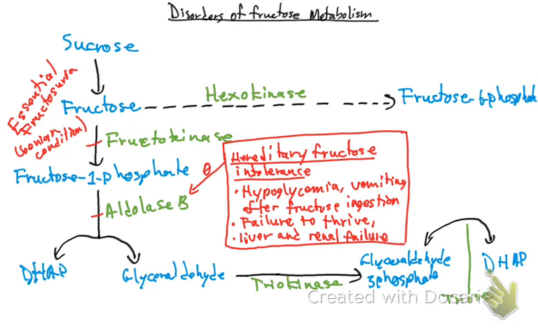So when you go from glyceraldehyde 3-phosphate to DHAP, you use triose phosphate isomerase.